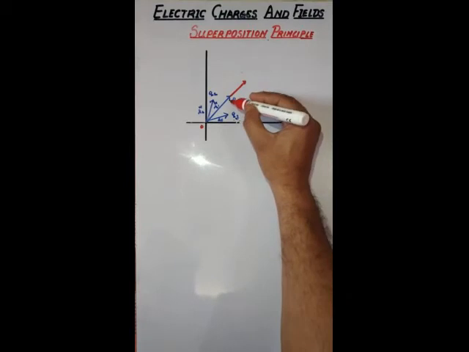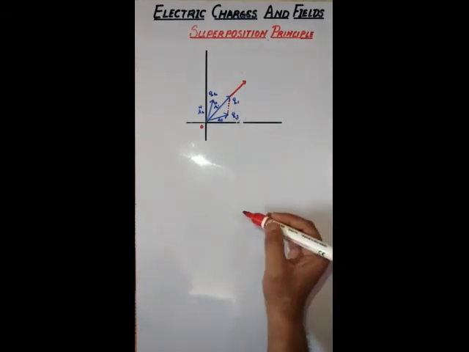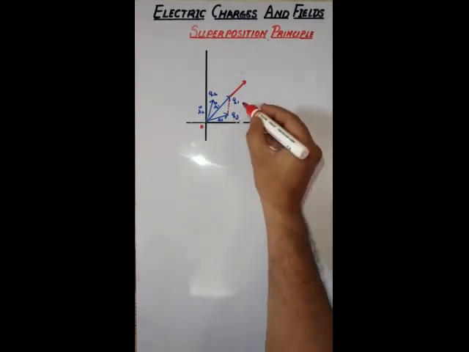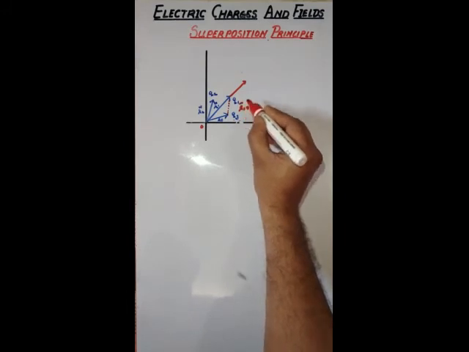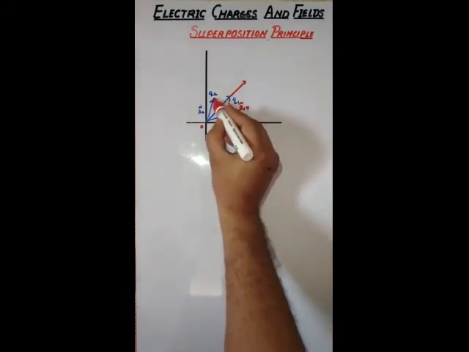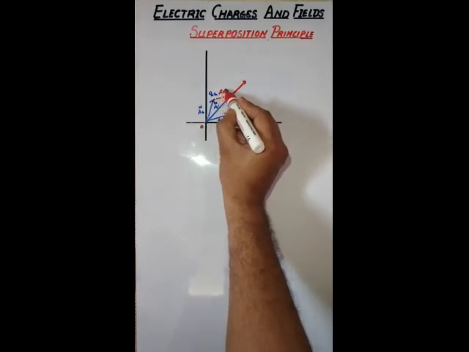The distance between Q1 and Q3 will be like this, so here R13, and the distance between Q1 and Q2 is R12.